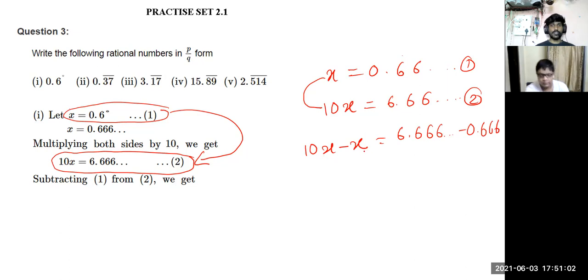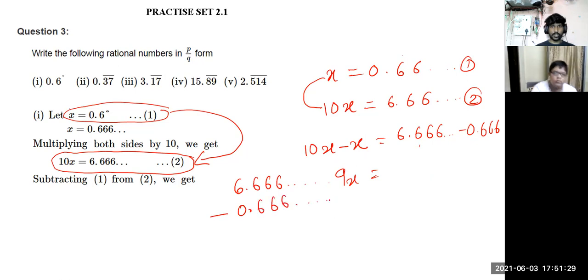So how much is 10x minus x? 9x. And how will this be, 6.666 recurring minus 0.666 recurring?